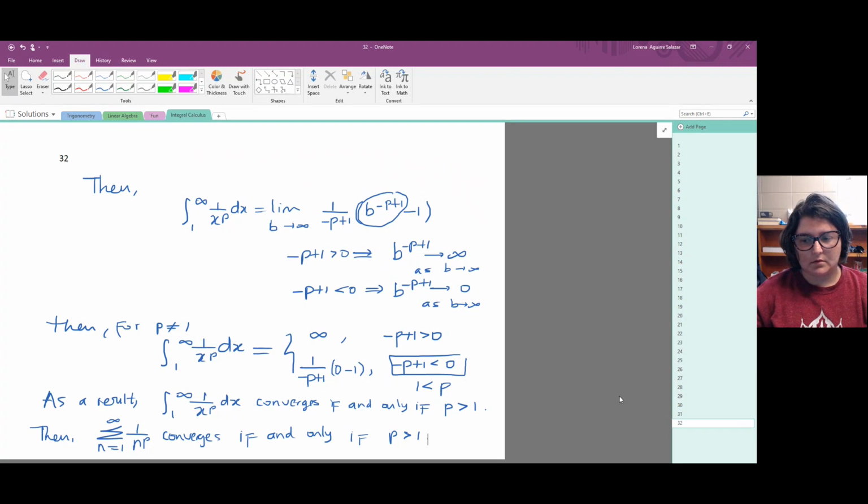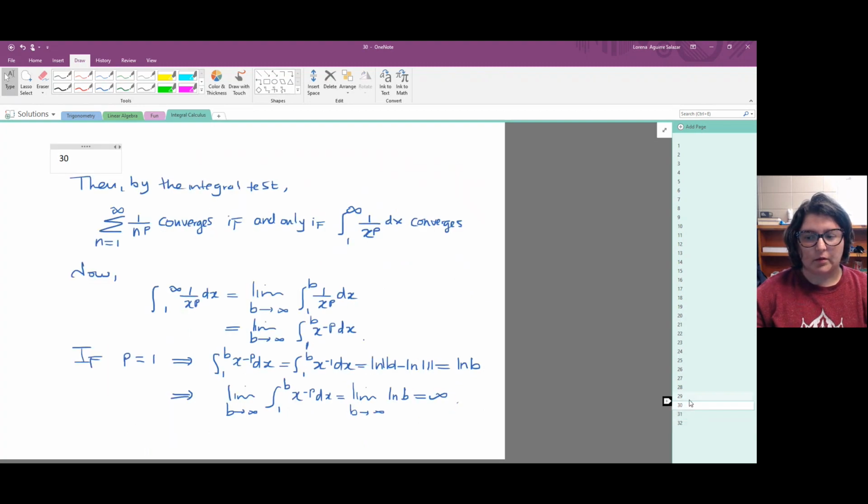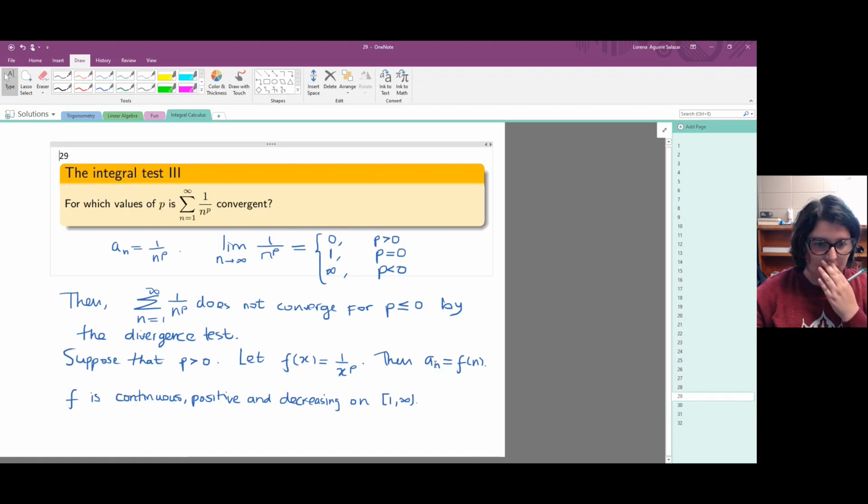Okay, so we can summarize this problem in the following way. We are given the summation of 1 over n to the p, with n going from 1 to infinity. p can be anything: positive, negative, 0.